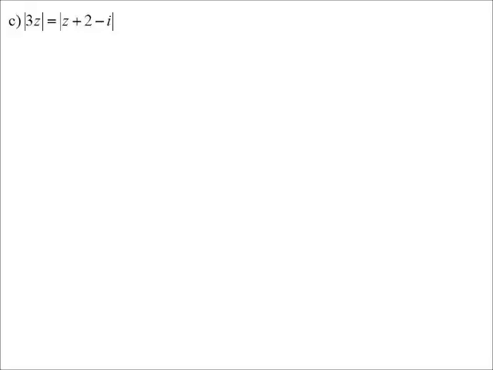What on earth could that be? I mean, again, can't really tell. So if you can't tell, let's go back. Well, I can tidy it up a bit. I've got 3 times modulus of z. Remember, modulus is absolute value, and absolute value is just grouping symbols, so I can factorise out. The absolute value of 3 is 3. So I've factorised that out, but I'm still not sure.